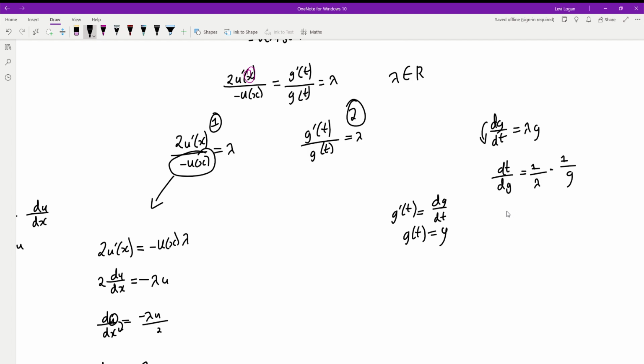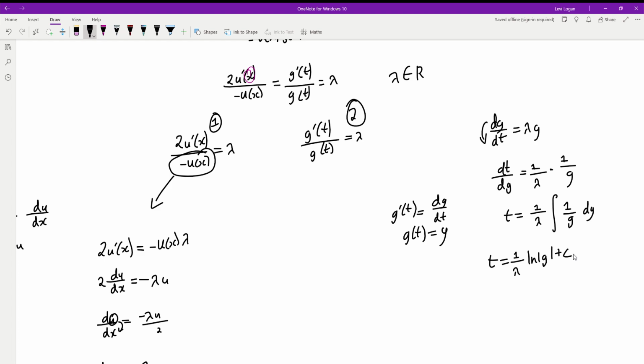Integrate both sides, then we'll have t is equal to 1 over lambda, the integral of 1 over g dg. So therefore t is equal to 1 over lambda, natural log of g plus some arbitrary constant.